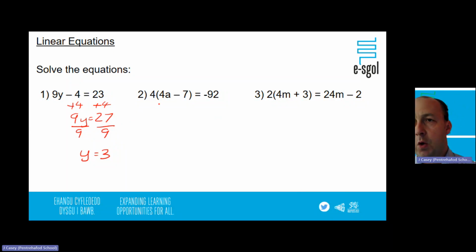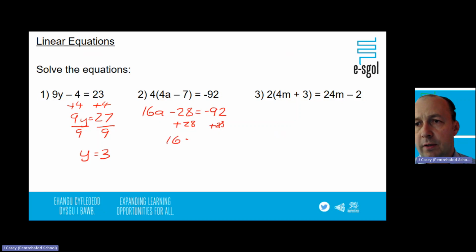For this one, we have a 4, and then we've got a 4a in brackets. When there's brackets in the equation, generally you want to expand those brackets and get rid of them. So I'm going to do 4 times 4a, which is 16a, 4 times -7, which is -28, and all of that is equal to -92. Now I'm going to add on 28 to both sides, and that gets rid of the -28.